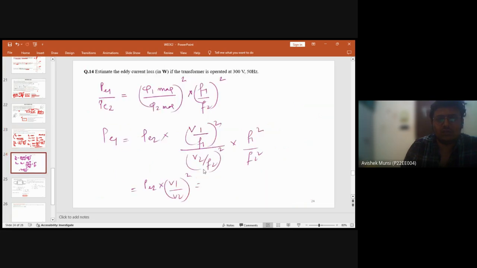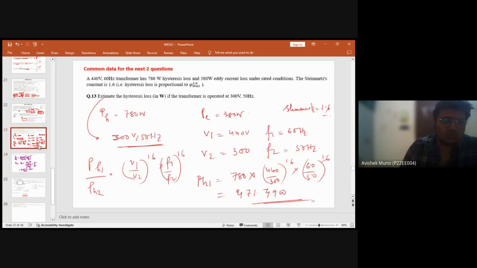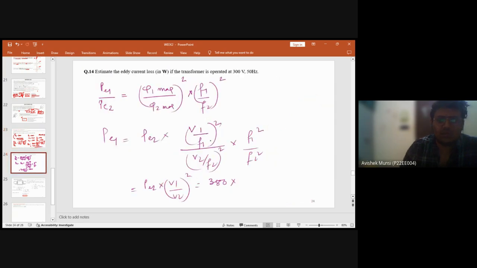So now it is 380 into, firstly the voltage was 440, right? So it is 300 by 440. So ultimately the answer is 176.65 watt. So you have to solve the questions like this. Okay.